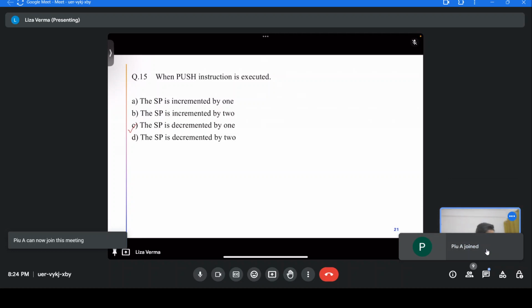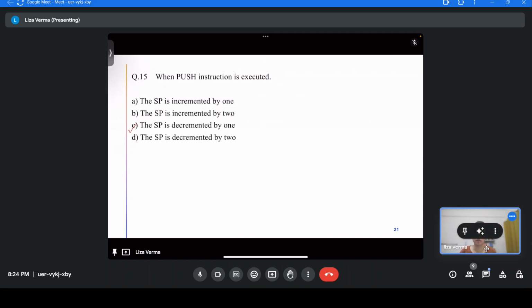Contents of program counter are incremented because the microcontroller has to execute the next instruction. An instruction includes fetching, decoding, and execution, all three. After fetch, ma'am. Yes. So just after the opcode is fetched, the program counter contents are incremented, right?